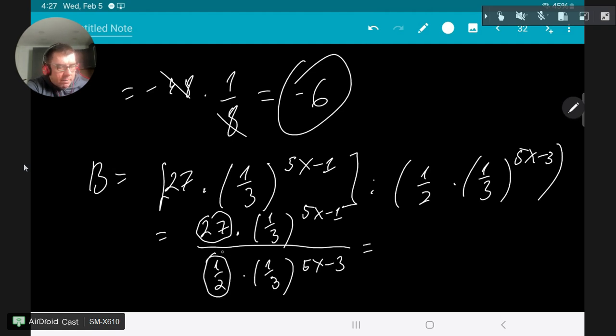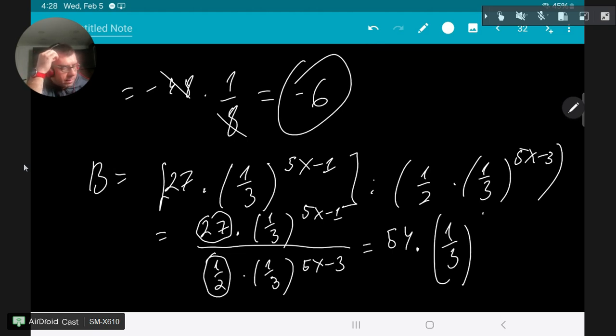And 27 divided by 1/2 is like 27 times 2, which is 54. And then I can divide 1/3 to the power of 5x minus 1 by 1/3 to the power of 5x minus 3. And this will give me 1/3 to the power of 5x minus 1 minus bracket 5x minus 3.